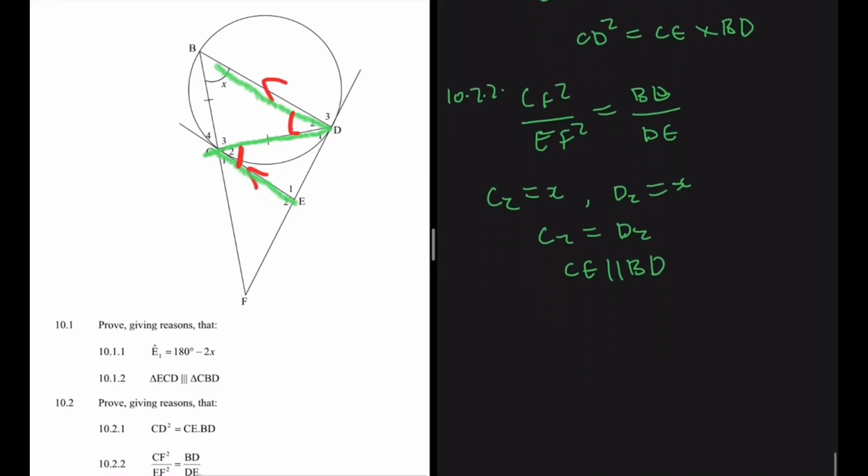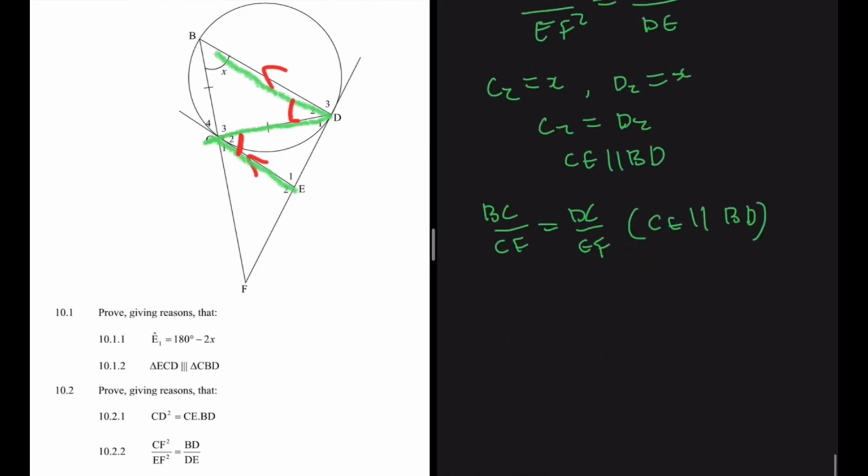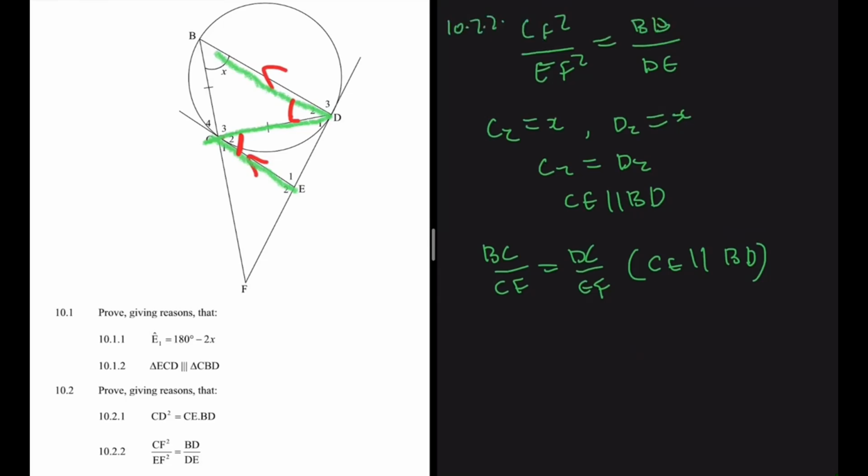And now, since we have proved that, we can see that BC divided by CF is equal to DE divided by EF, right? We can play around with things like this once we have proved that CE is parallel to BD, right? We can play around with those ideas, but that's not where we're going.